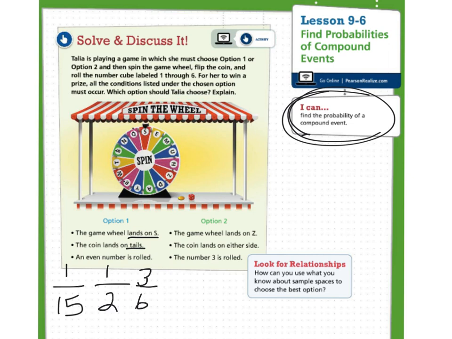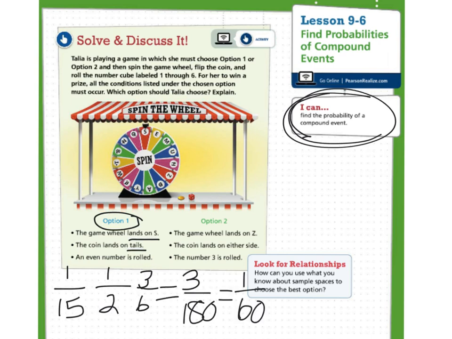So in order to find the probability of what would happen in option 1 if all 3 of these things were to occur, just like in the last lesson where we looked at the total number of outcomes, which can be determined by multiplying the number of outcomes for each individual event, we can do the same thing here in order to determine the probability of option 1. So option 1 has a 3 out of 180 chance of all 3 of those events occurring in the same option, which is 1 out of 60.